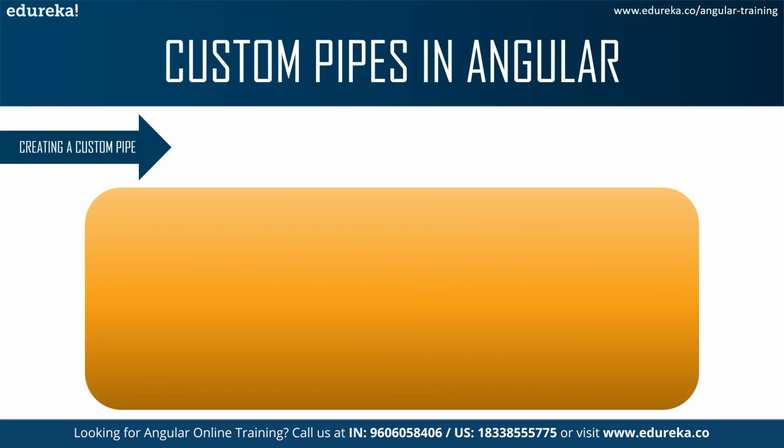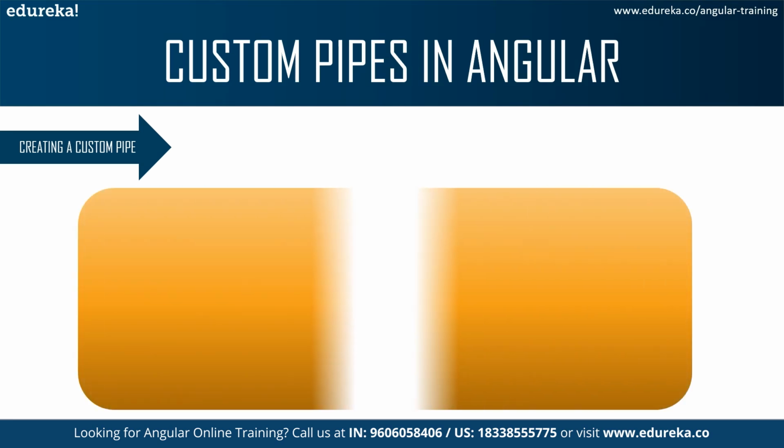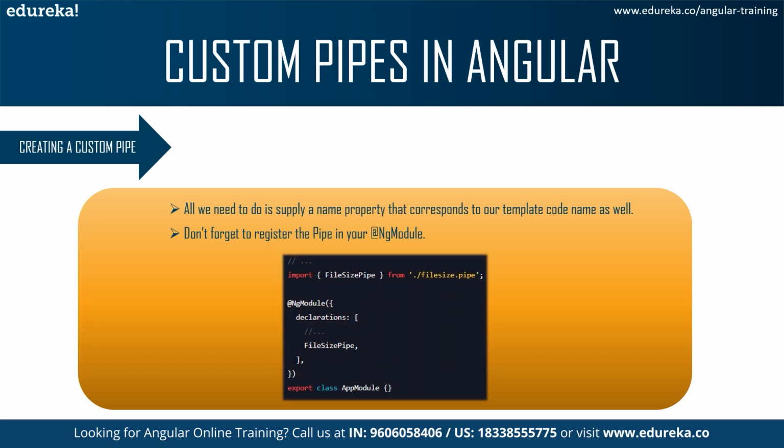Now, as I've already mentioned earlier, the pipe decorator will be used in order to call our property. Using our pipe decorator, I'm going to name my property as file size. Also, the next thing that I'm going to do is import my pipe into my TypeScript file. Now, this part is a crucial thing, so do not miss out on this. The next thing is to make sure that we have imported and injected our pipe property in our TypeScript file.